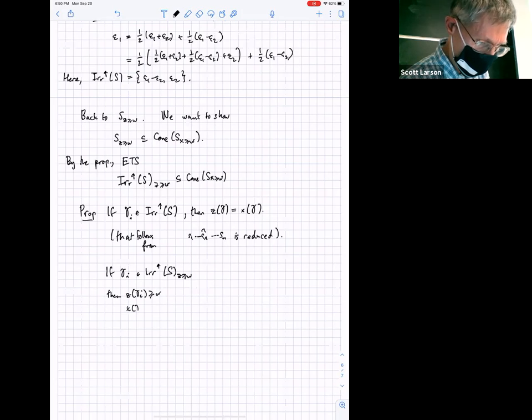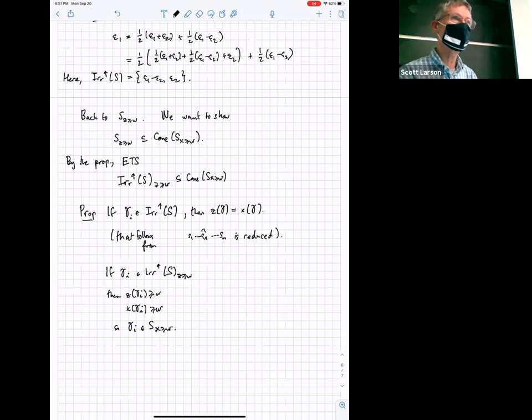So that means that x of gamma I is bigger than or equal to w. So gamma I itself is actually in S of x bigger than or equal to w. So in fact, for the irreducible elements, the z's and the x's are the same.